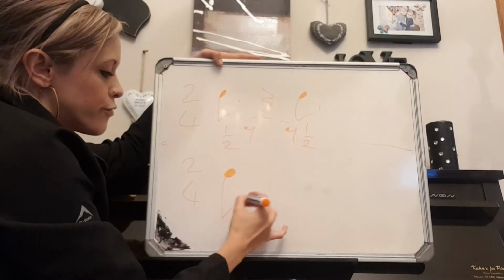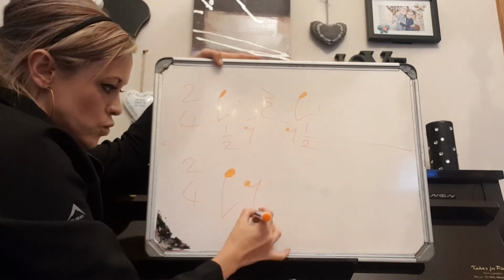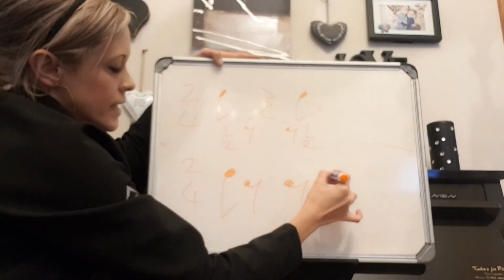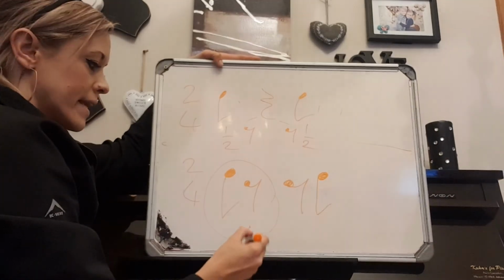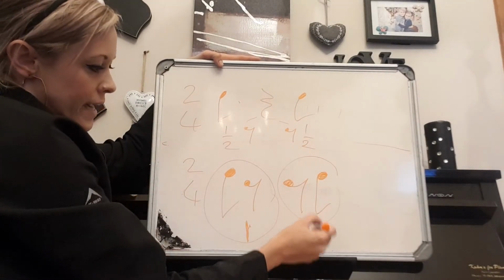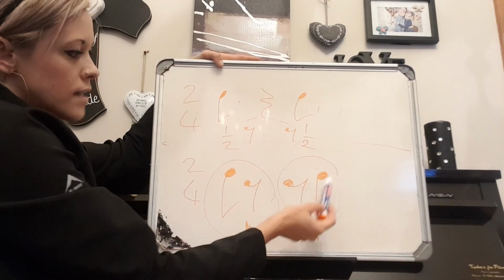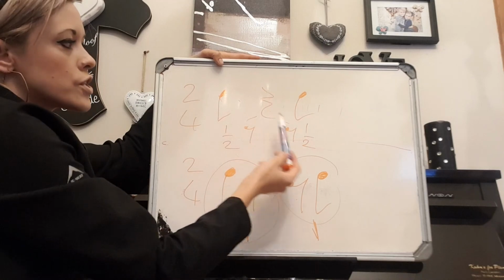We need a whole count, one count together. Right, so what do we have? One count, but it sounds the same. Ta, sh, ta, ta, sh, ta.